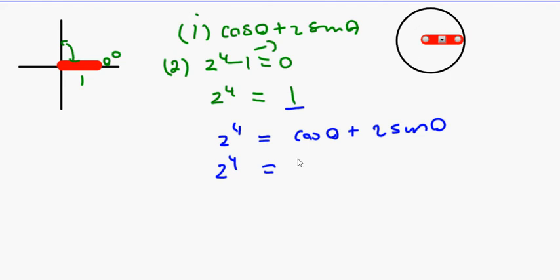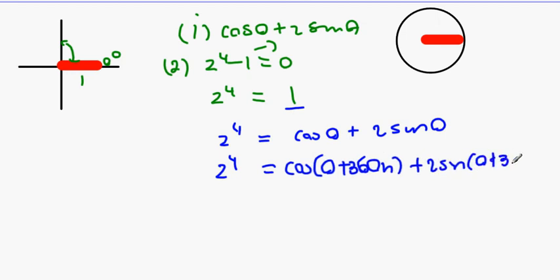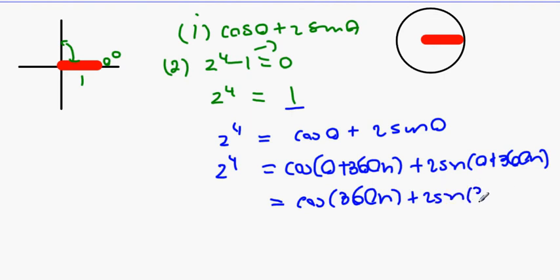So we have to add rotations into the angle, where it's 0 plus 360n. That's cos of 0 plus 360n plus i sin of 0 plus 360n. It's basically cos 360n plus i sin 360n, where n starts off at 0 and works its way up.